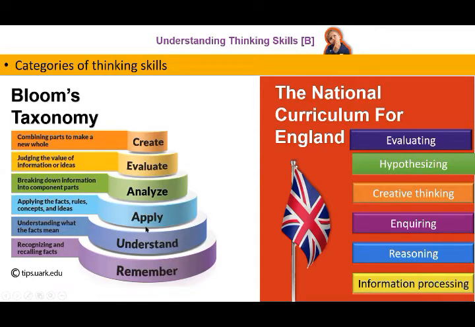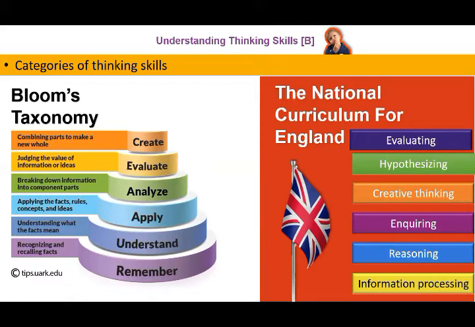Reasoning means that you are trying to make your own conclusions, to deduce a conclusion out of information presented to the learners. So reasoning equals applying in Bloom's taxonomy.